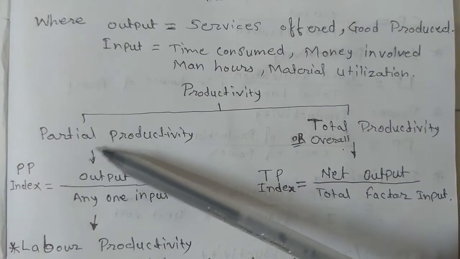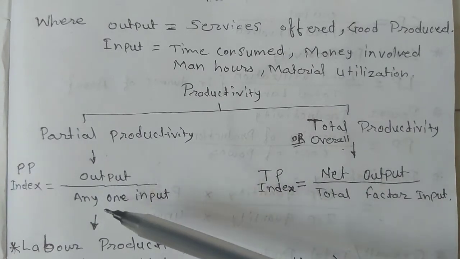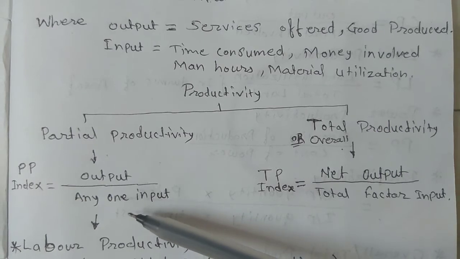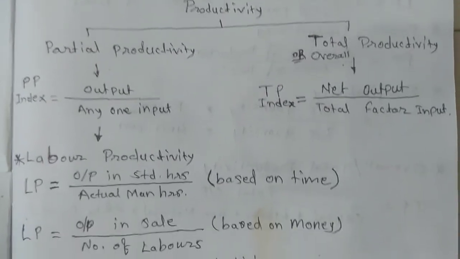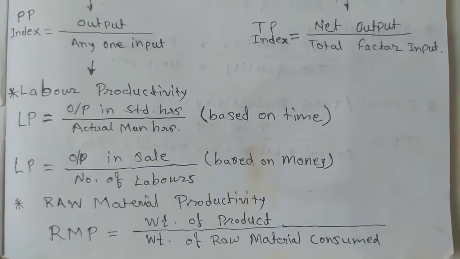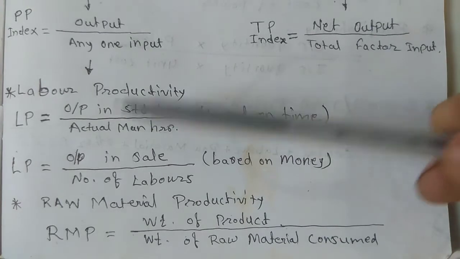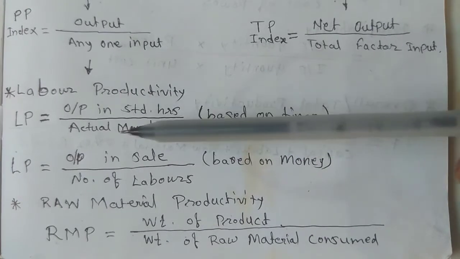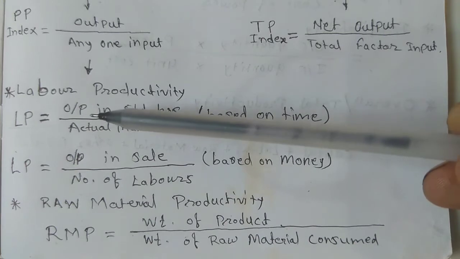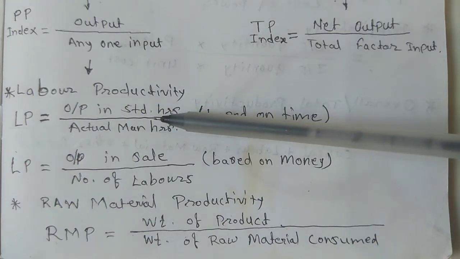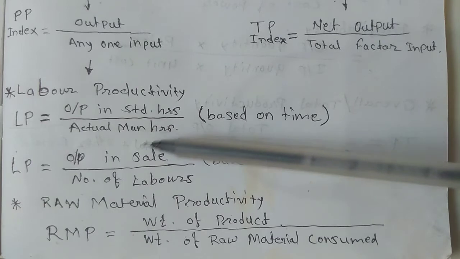So let us see what the various partial productivity input measures are, and how to calculate them. The first one is labor productivity. We have the input as actual man hours based on time. If you want to calculate labor productivity based on time, you may take the ratio of output in standard hours upon actual man hours.